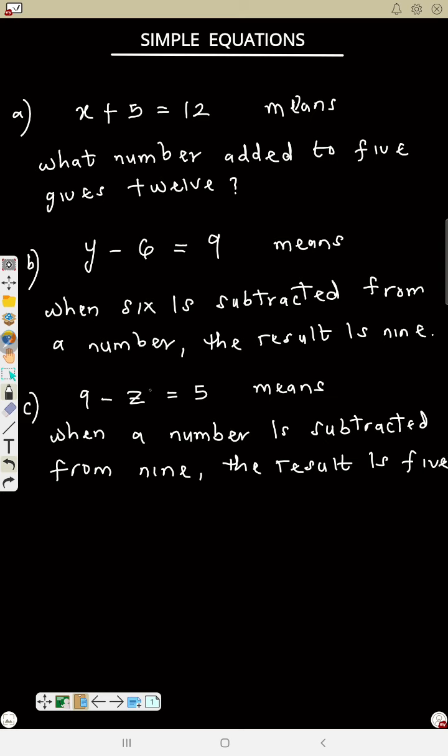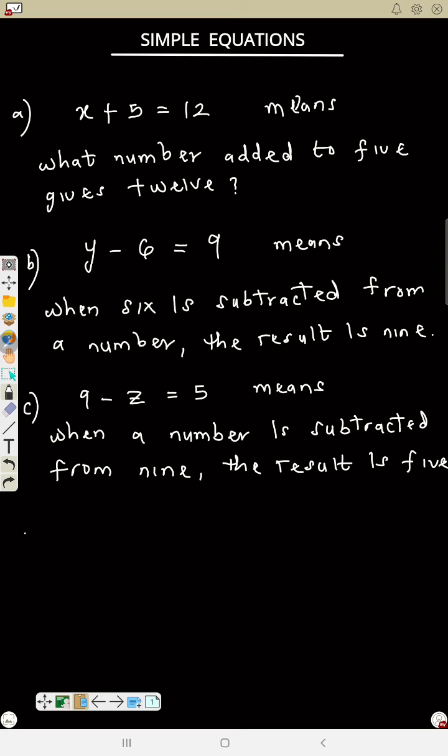So when a number, we don't know this number, is unknown, when a number is subtracted from 9, that is, if a number is removed from 9, that is minus, subtract, the result is 5.